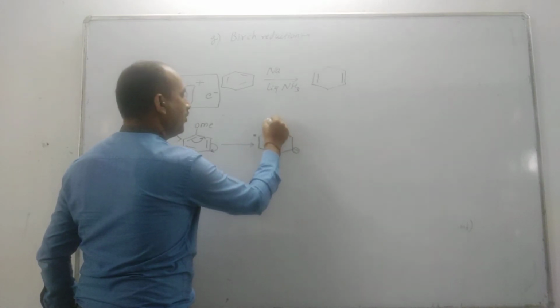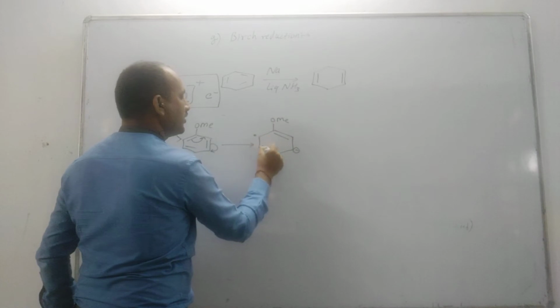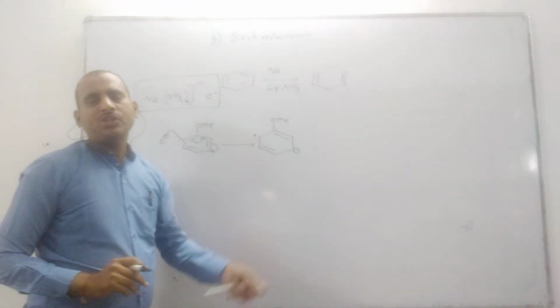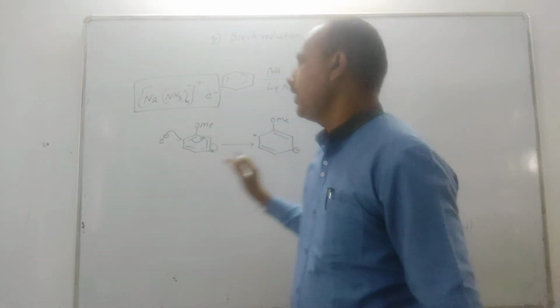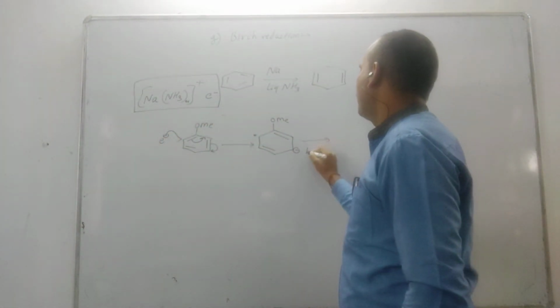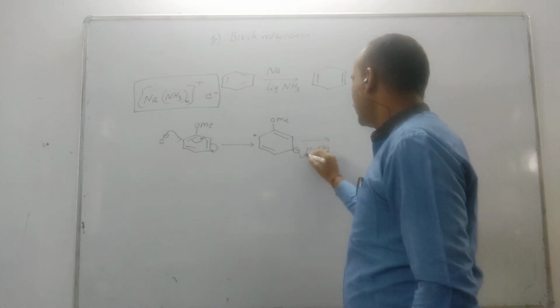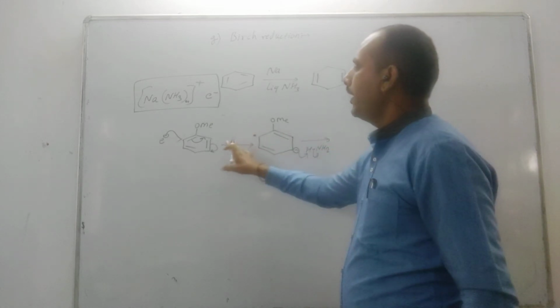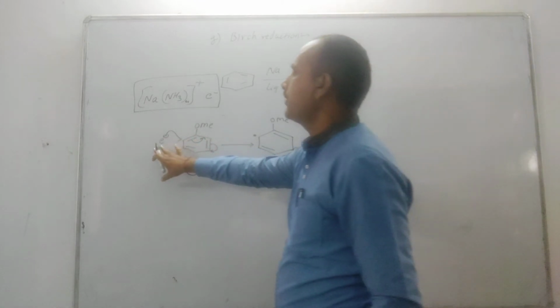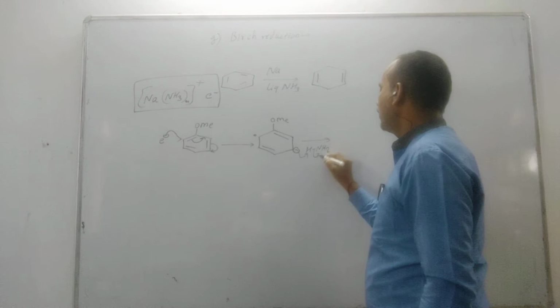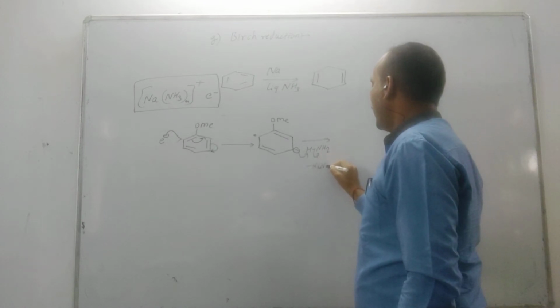Here is the double bond, OMe, and it is also a double bond. Then the liquid ammonia protonates that carbanion; the carbanion is protonated by liquid ammonia, giving NH2 minus, and as the electron is lost by the Na, there is Na plus and loss of NH2 minus.